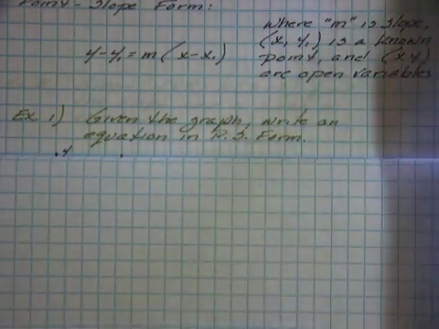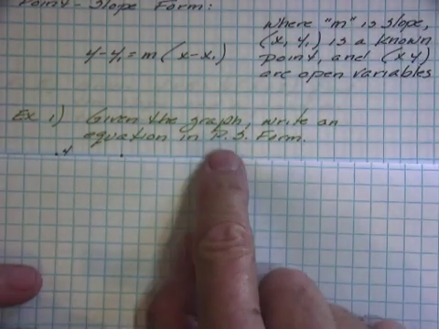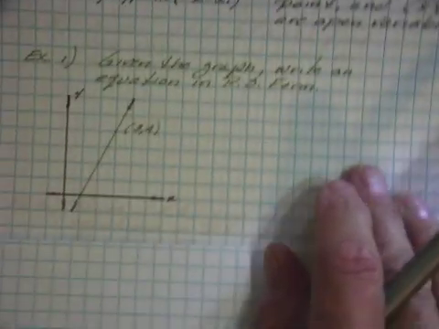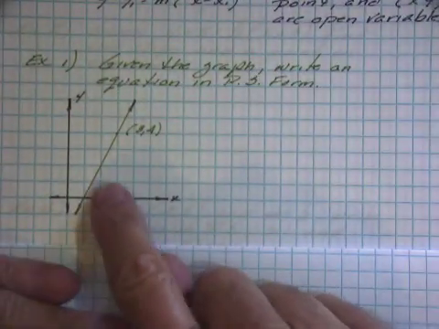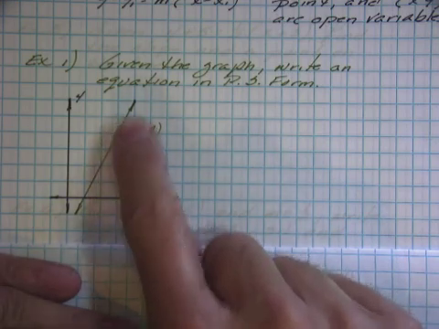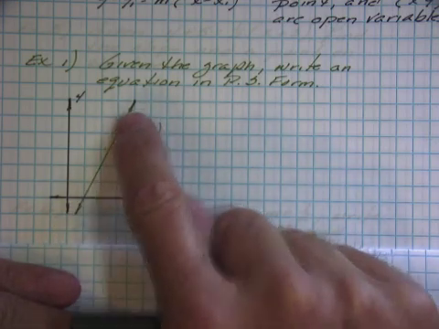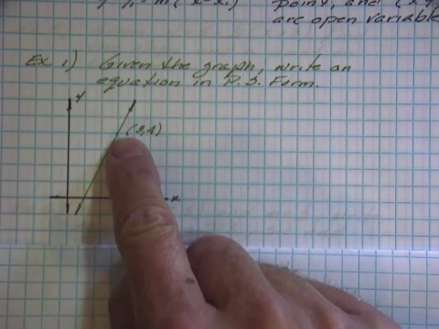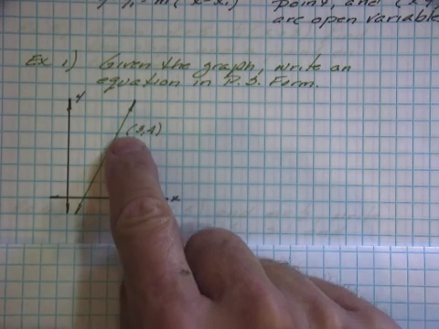So I've got this. Given the graph, write an equation in point-slope form. So what I've got here is I've drawn a line across mostly just quadrant 1. You can see it, it's going right up here, and I know it goes through the point (3, 4).